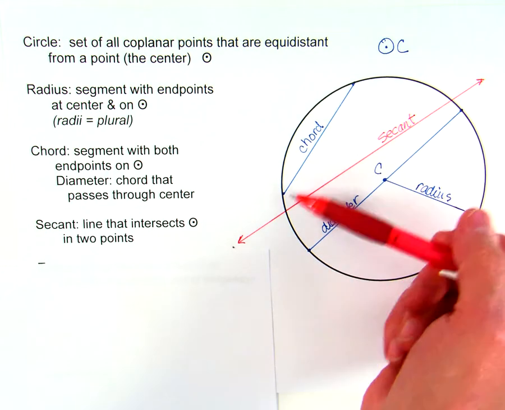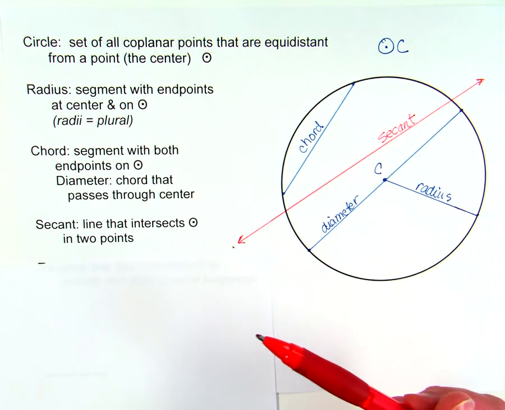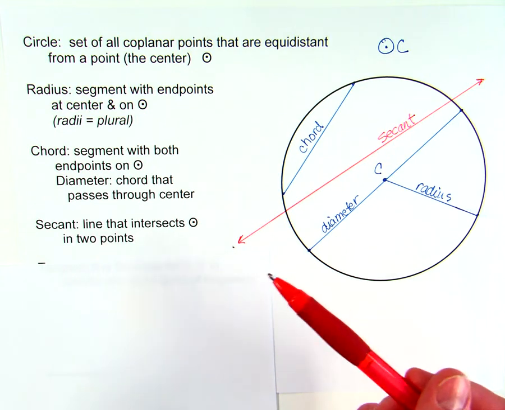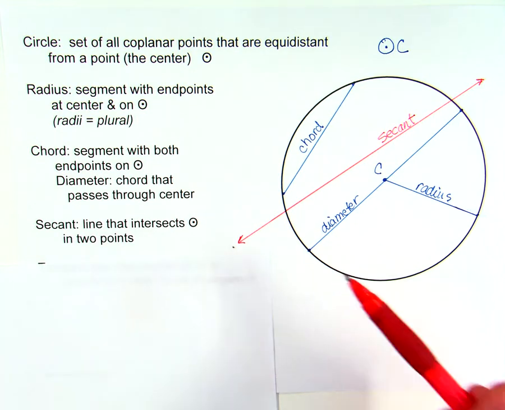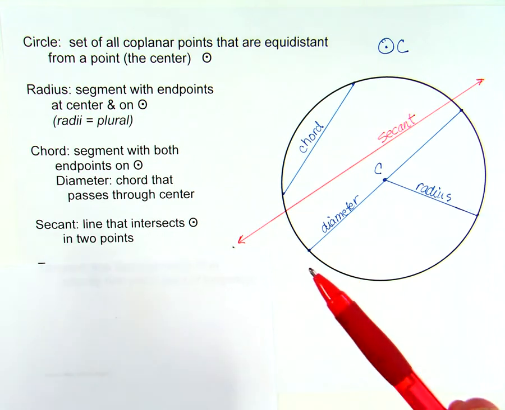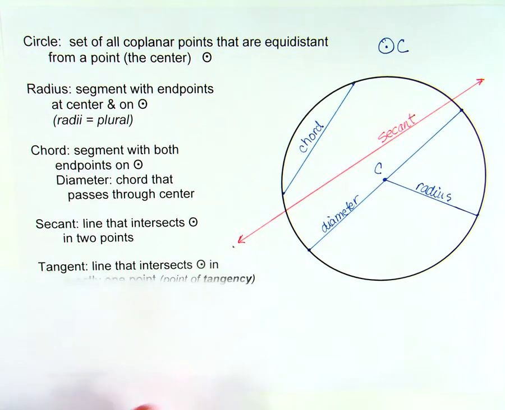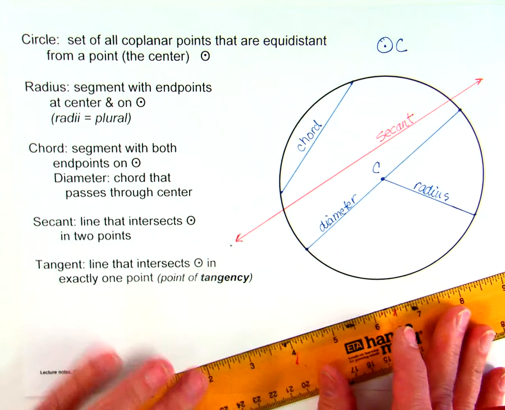So this chord, for example, if you extended it, that would be a secant. The chord is the portion of the secant that's inside the circle and on the circle. We call it a secant segment in general, but this one with the endpoints in the circle is specifically a chord.